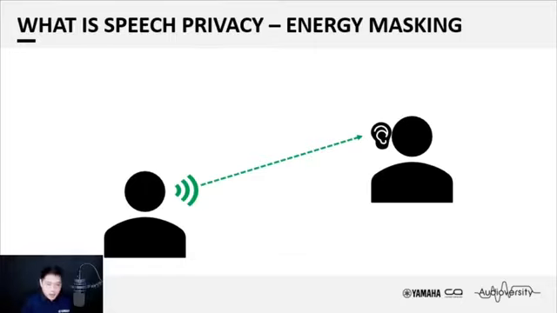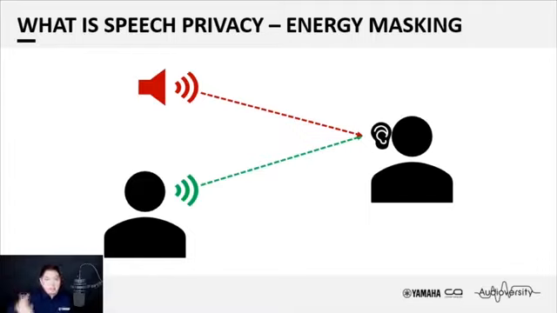Energy masking is this: let's say you and your friend are talking, and there's a speaker nearby giving out a different source, for example music, at the same level as yourself. What would be the result if that music is increased?